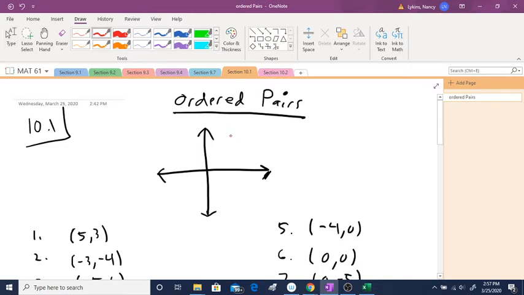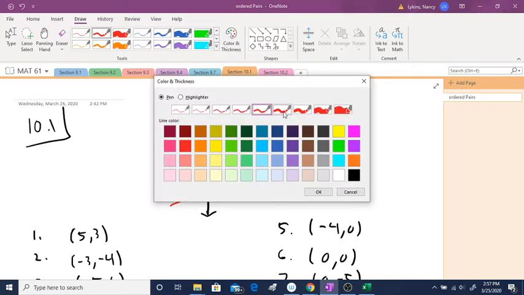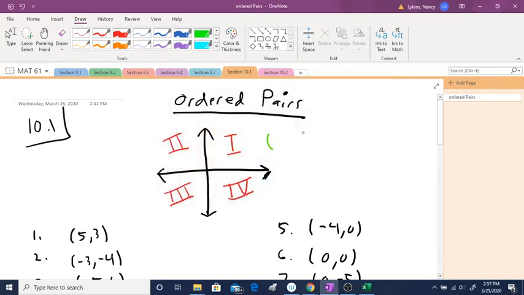And they go counterclockwise, starting right here at that's 1, that's 2, 3, and 4. Now, the next thing I'm going to show us is what the ordered pairs would look like in the different quadrants.